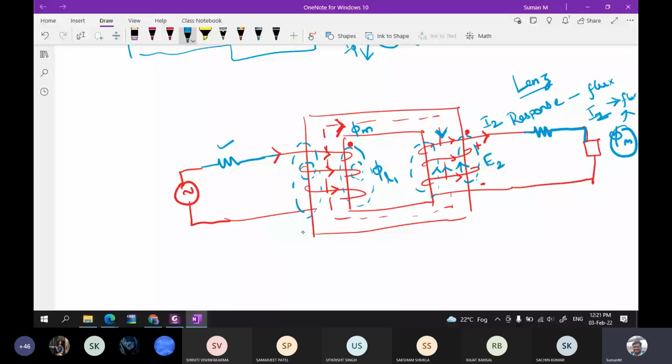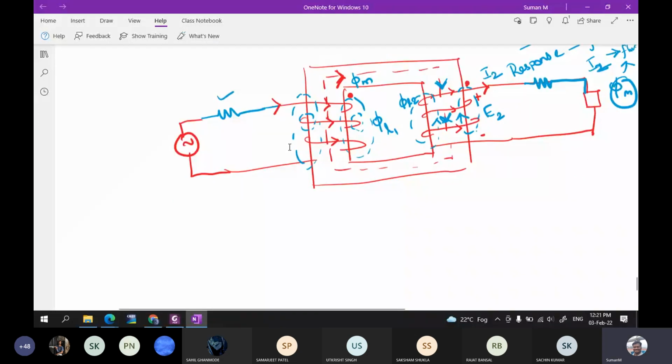So this is a mutual flux that is in this side. Then this is establishing some flux that is opposite to the mutual flux. Now the primary turns have a leakage flux and the secondary turns also have a leakage flux. This leakage flux, we want to remove it and include it in the circuit.